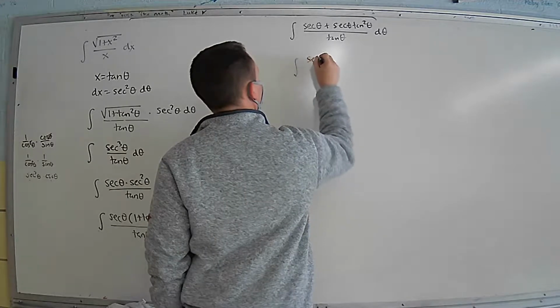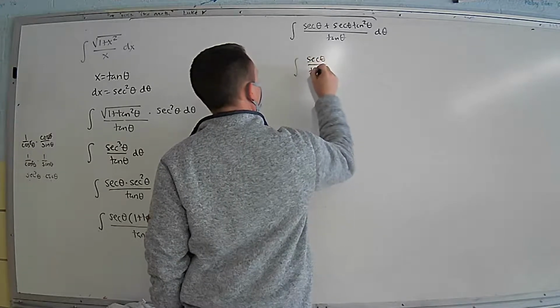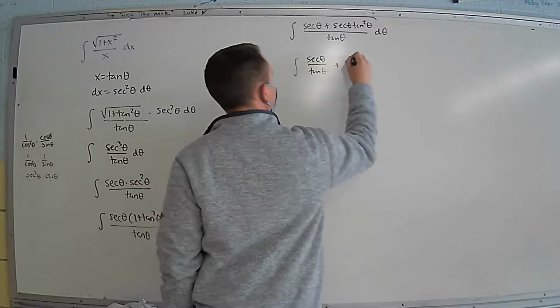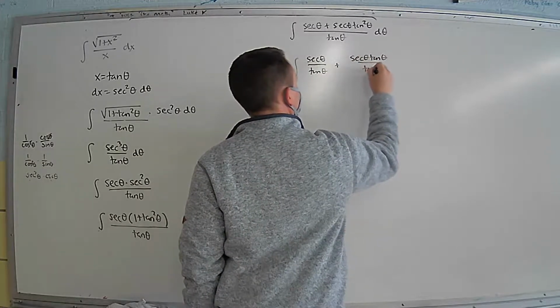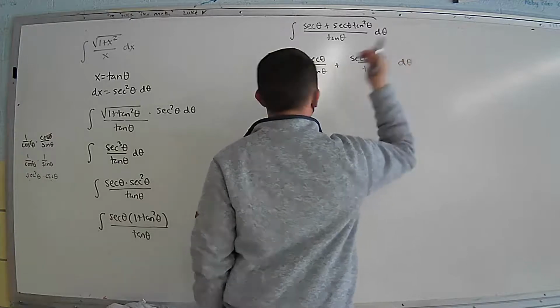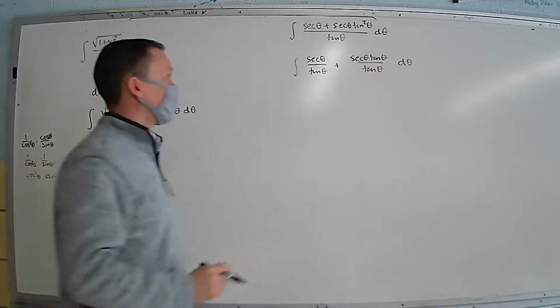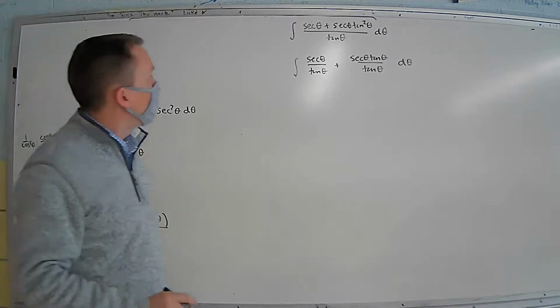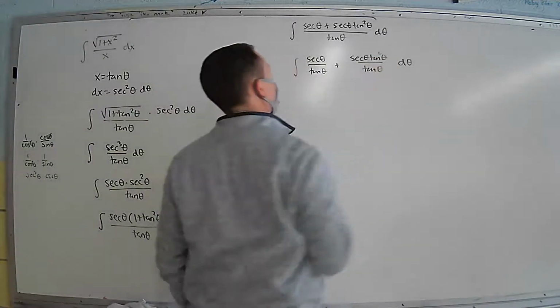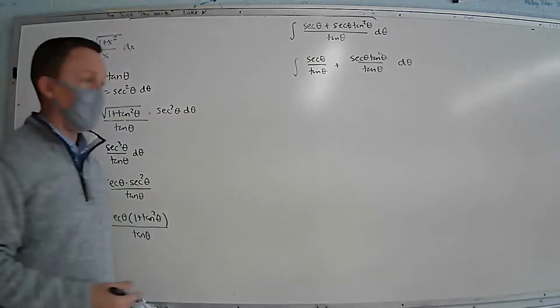So that's secant of theta over tangent of theta plus secant theta tangent theta over tangent theta. That tangent squared theta for the second one? Yes, it is. Okay, can you simplify that now?